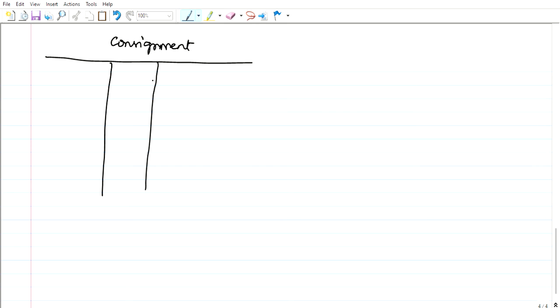Okay, this is the consignment account. So this is the credit side. For the first entry, what we have discussed: goods will be sent by the consignor. So consignment account, goods sent on consignment account.